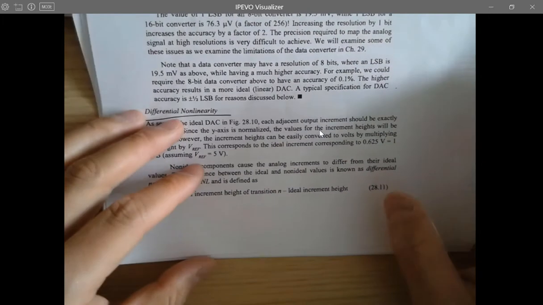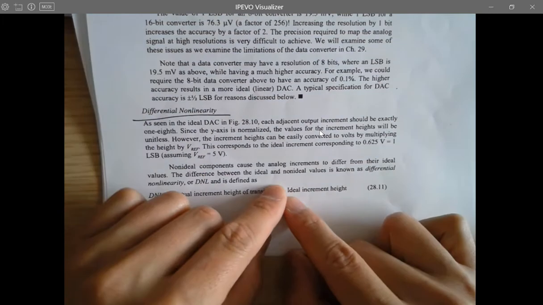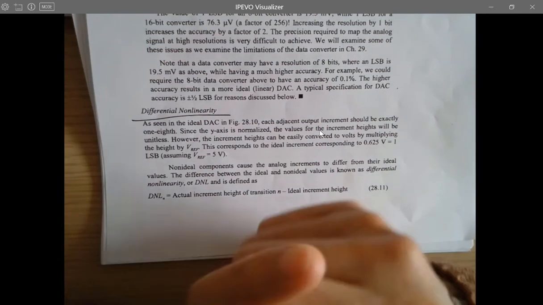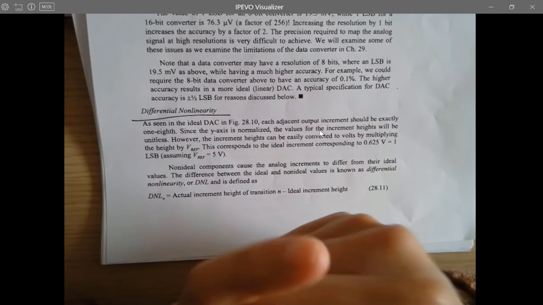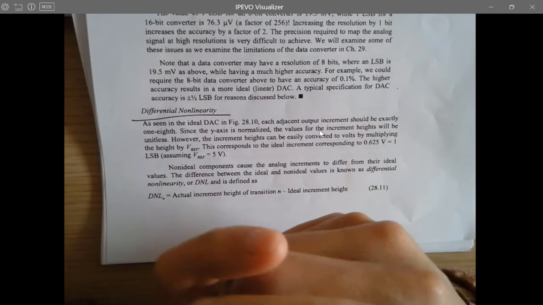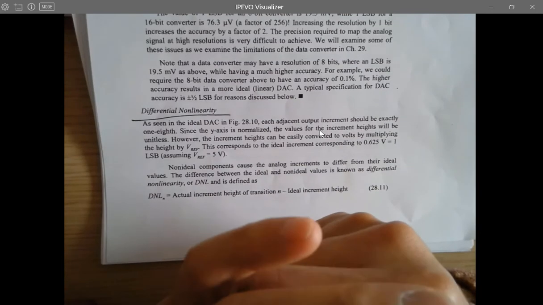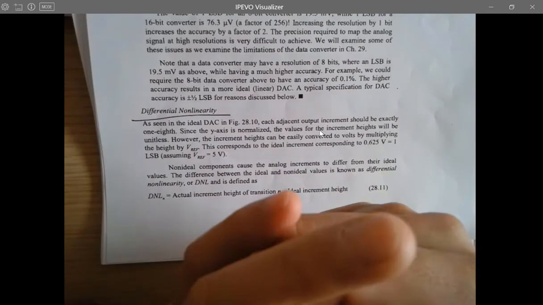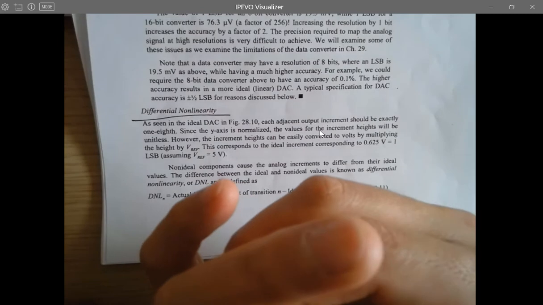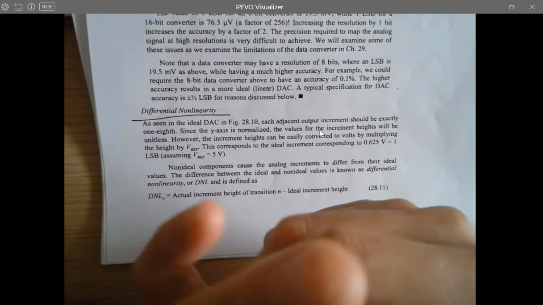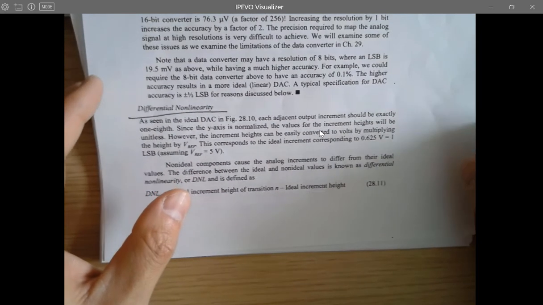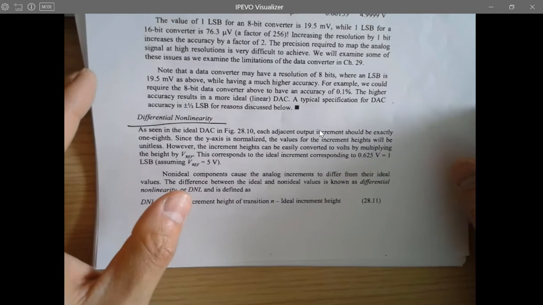So before we turn to the next page, what do you think about the ideal increment height of the DAC every time? Is it able to increase by 0.5 LSB every time?